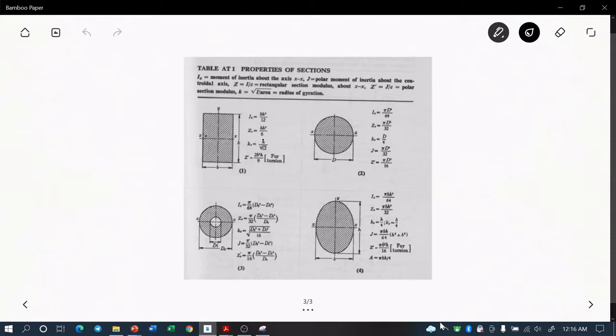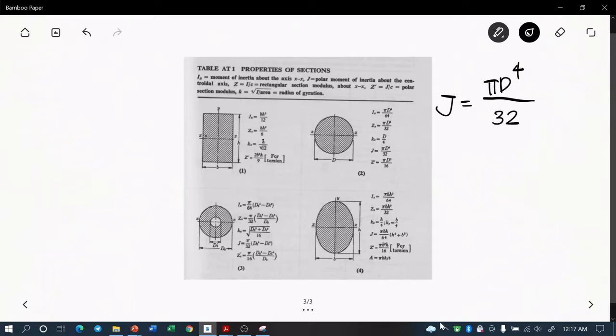The centroidal polar moment of inertia for a solid shaft is J equal to pi d, the diameter of the shaft raised to the 4th power, over 32.